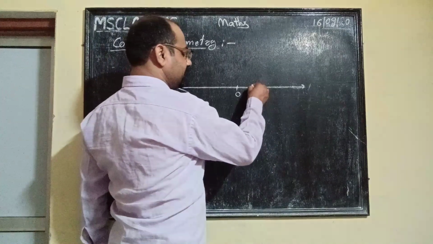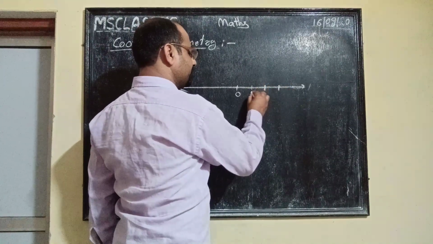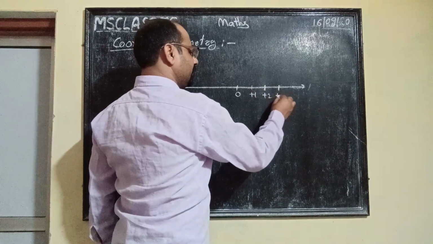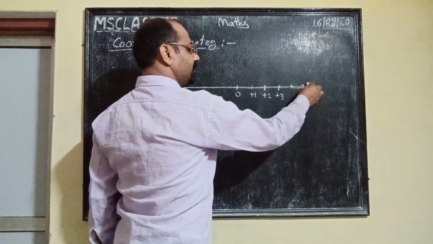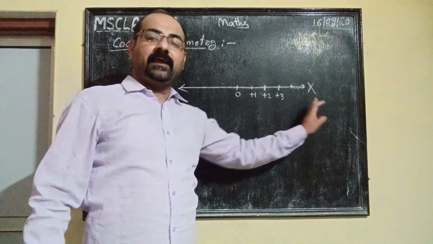At equidistant the numbers will be positive. So +1, +2, +3, +4 and so on, and we call this OX.